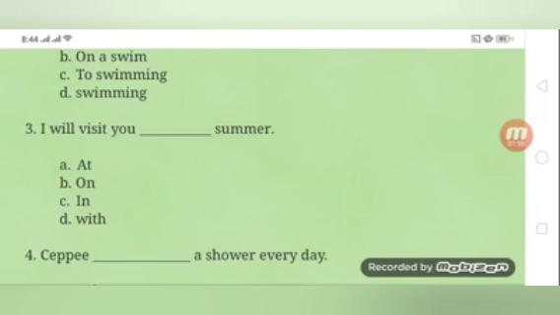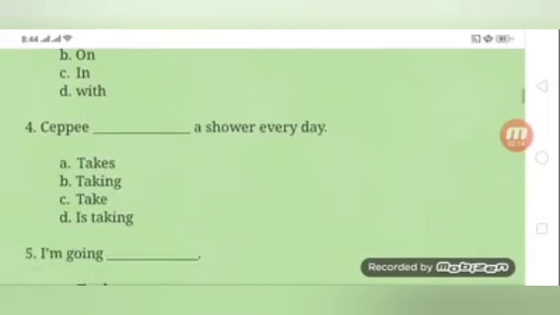In is used in months, year, and season. Okay, summer is the season, so you would say in. The answer here is letter C. Okay, there you go. Ang daming nagkakamali sa prepositions of time na yan, na in, on, at.